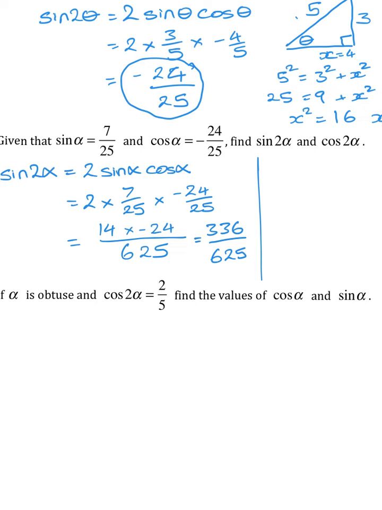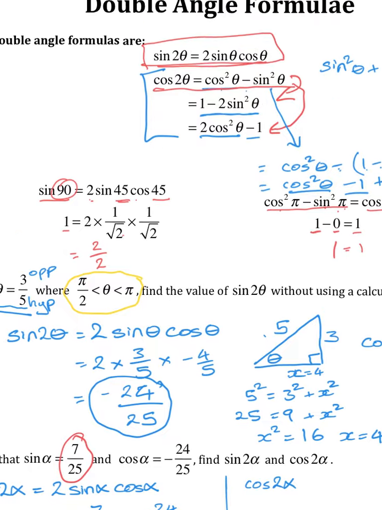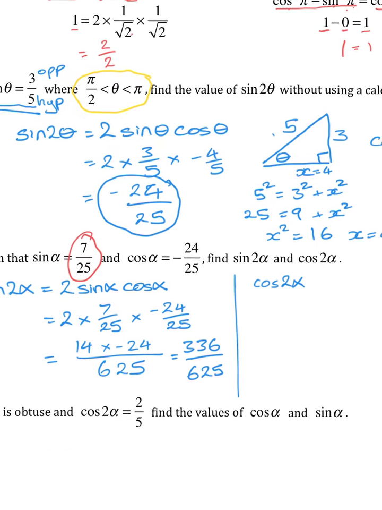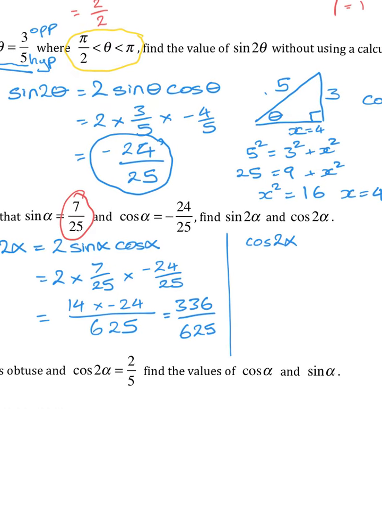Now I'm thinking, if this were a non-calculator paper, it would be easier to work with this fraction only. So I'm going to try using the sine one, which is 1 minus 2 sine squared theta, and see if we can do it without a calculator.